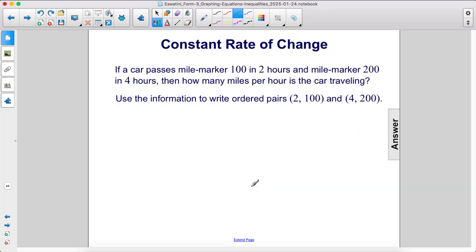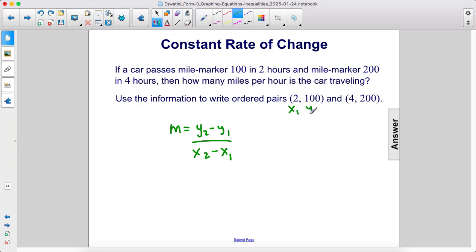If a car passes mile marker 100 in 2 hours and mile marker 200 in 4 hours, then how many miles per hour is the car traveling? Use the information to write ordered pairs (2, 100) and (4, 200). All right, so the slope formula is y2 minus y1 over x2 minus x1.